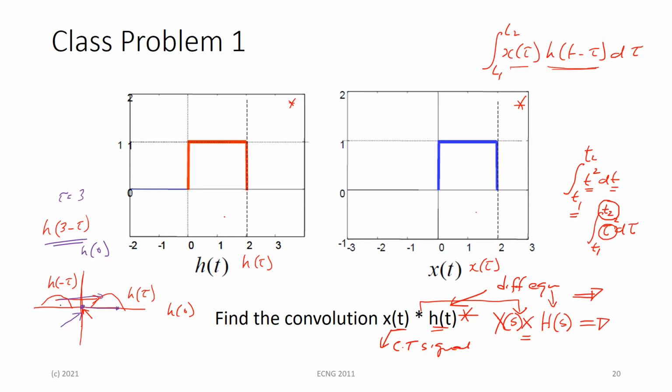You flipped it around, so you now slide this whole thing. That is what h(3 minus tau) is.